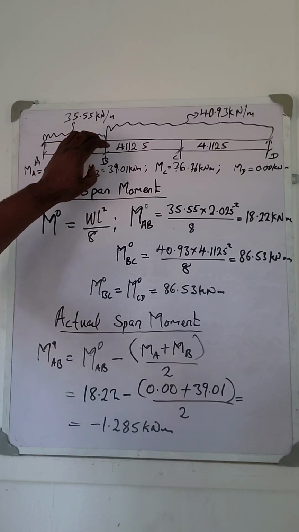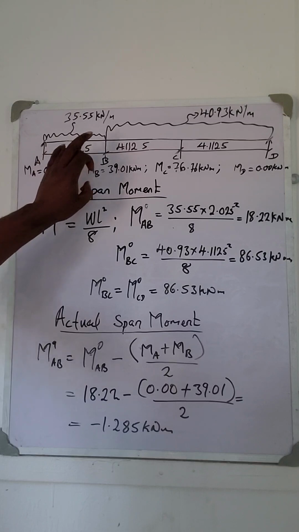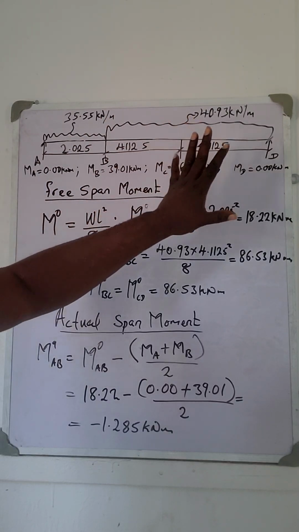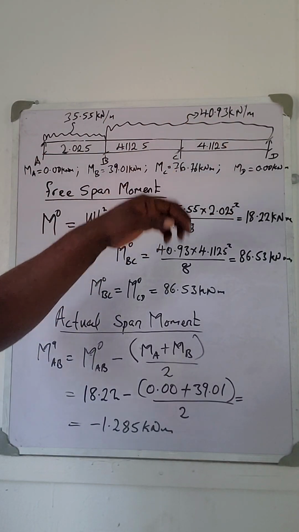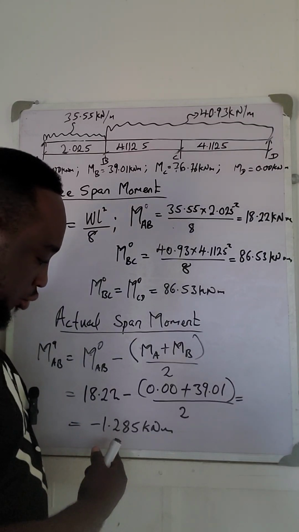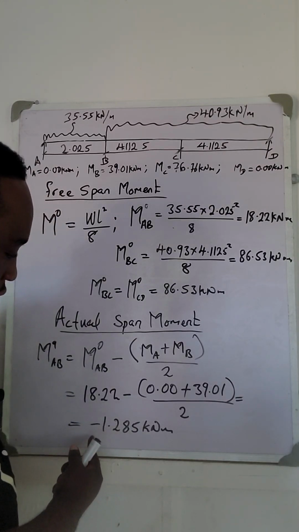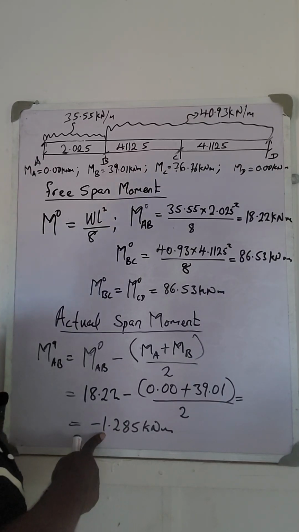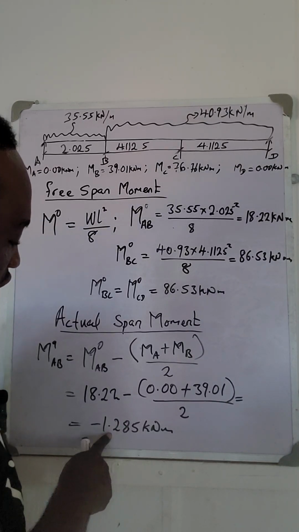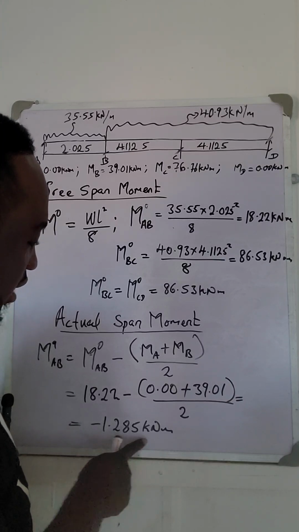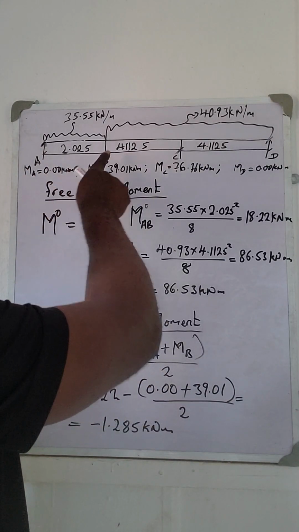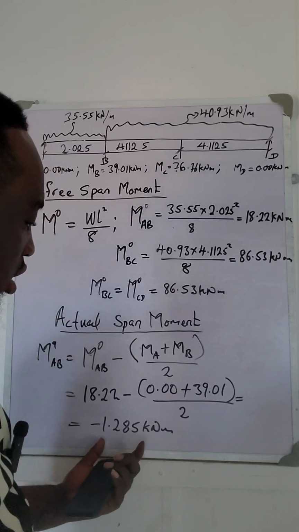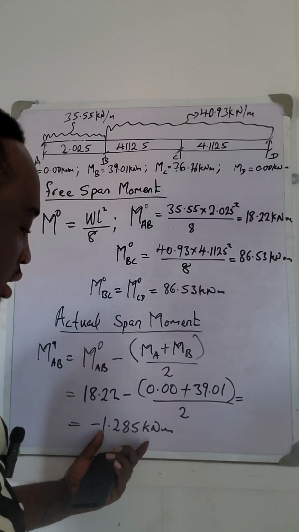Now, when you are solving for span moment, if it is positive, you know that it's a sagging moment. All span moments are assumed to be a sagging moment. But when you calculate, analyze, and discover that you are having a minus sign, it means that instead of having a sagging moment at this span, we're having a hogging moment.